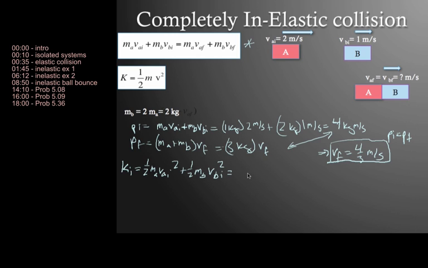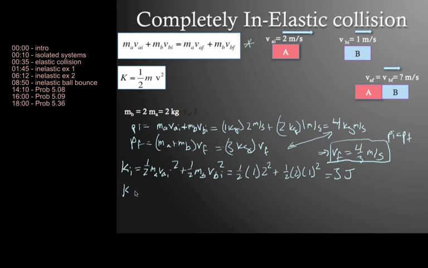And we can plug in what we know. Here we have 1/2 MA is just 1, and it's moving at 2 squared plus 1/2, 2, 1 squared. So this is going to be 4 over 2, so that's 2, and then this is going to be 1, so we just end up with 3 joules.